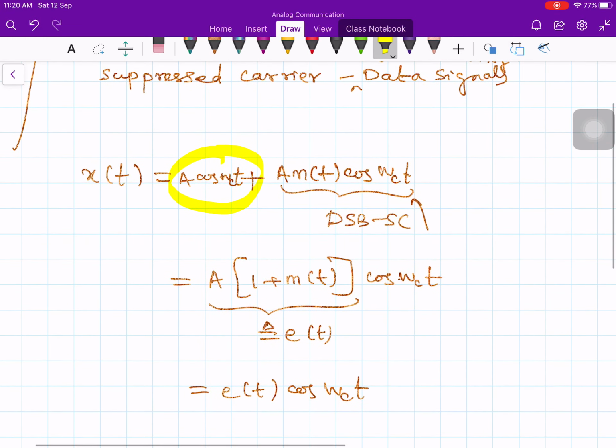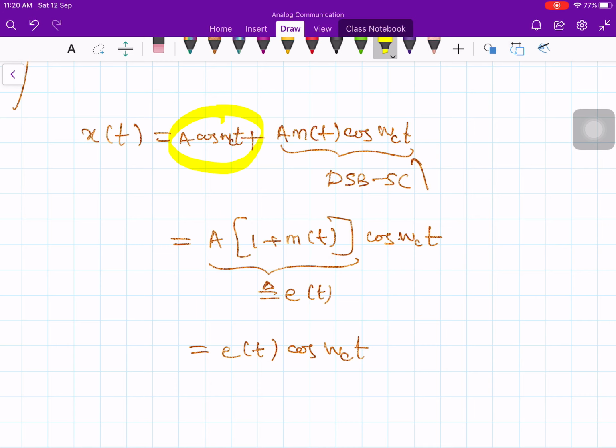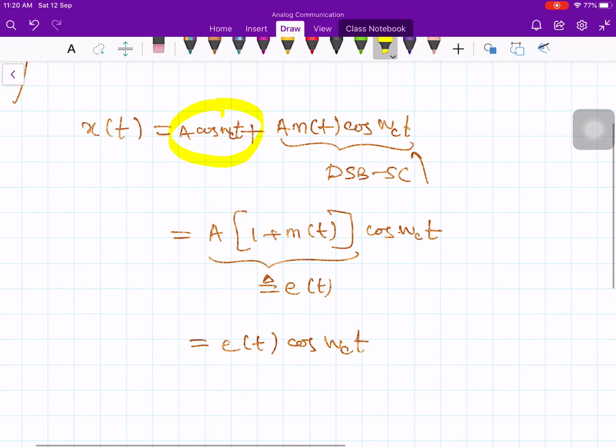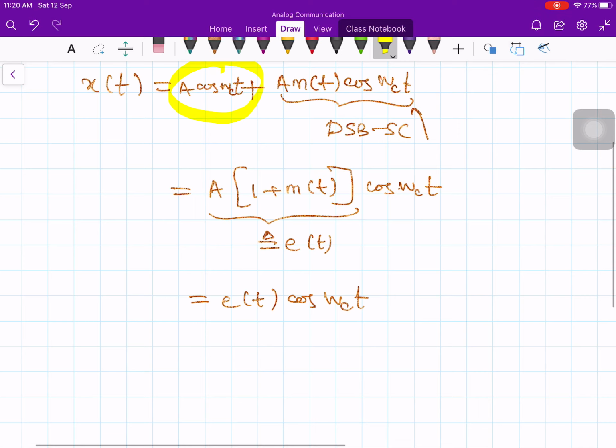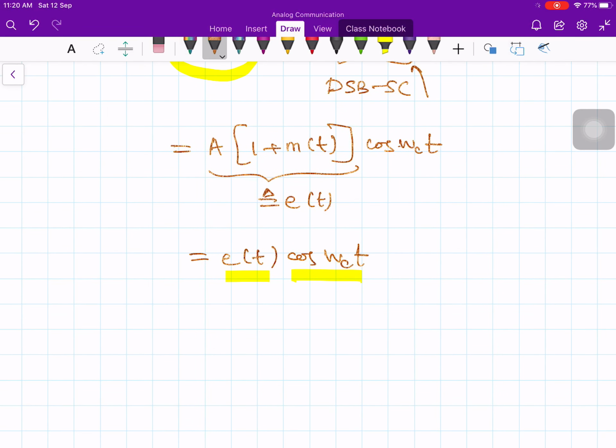So AM with carrier means DSBSC with the carrier. A carrier component is specifically introduced along with the rest of the modulated signal in order to produce the final modulated signal x of t, E of t times cos of omega ct, where E of t is equal to A times 1 plus m of t.